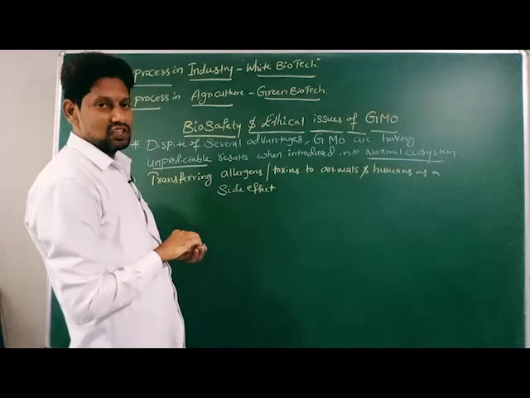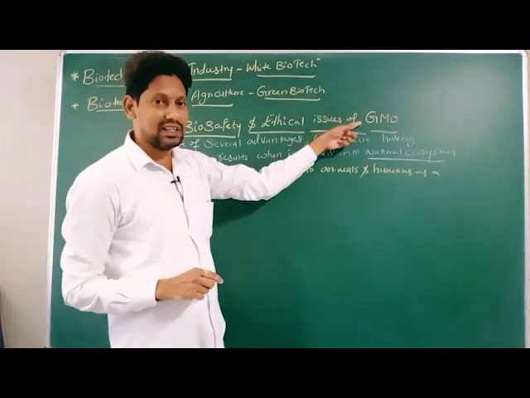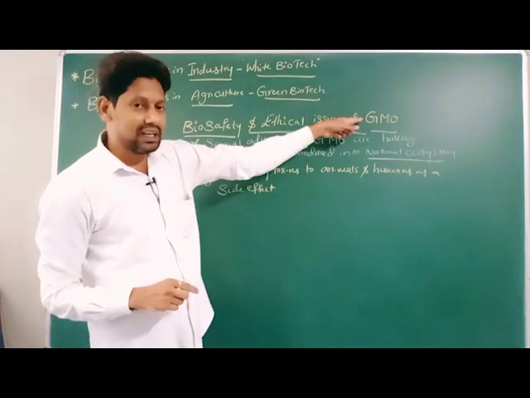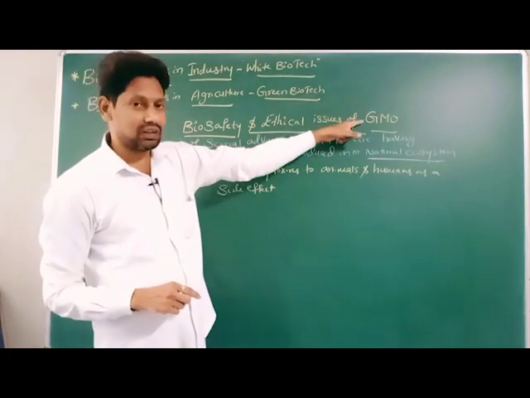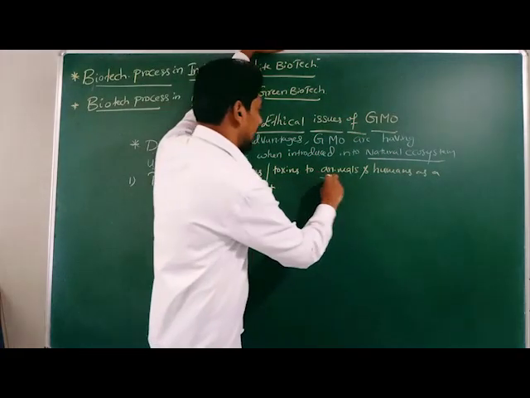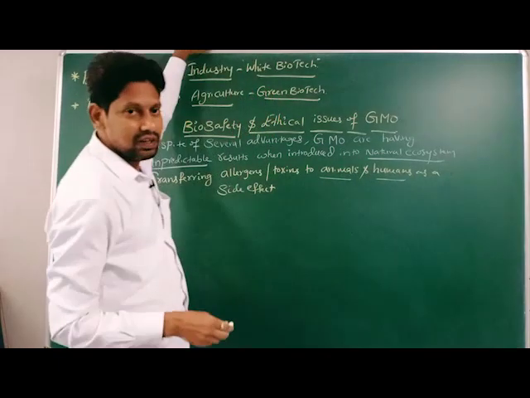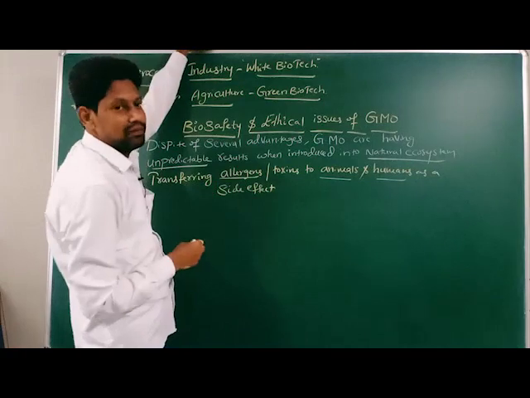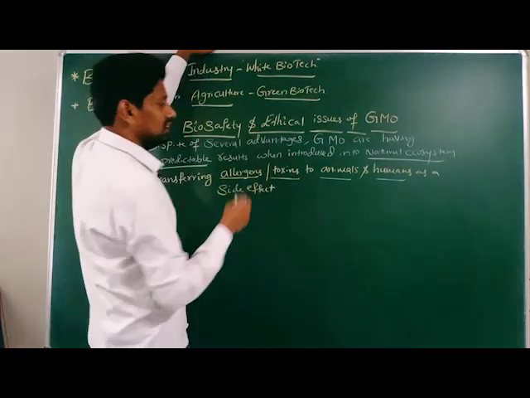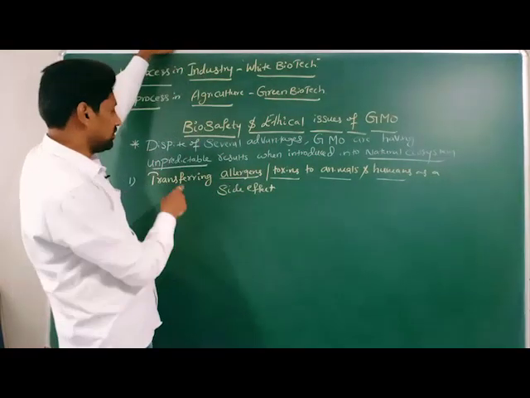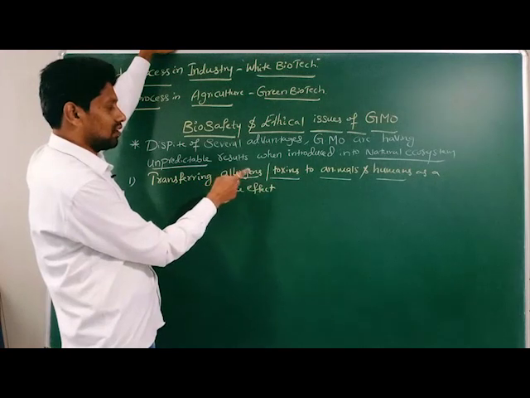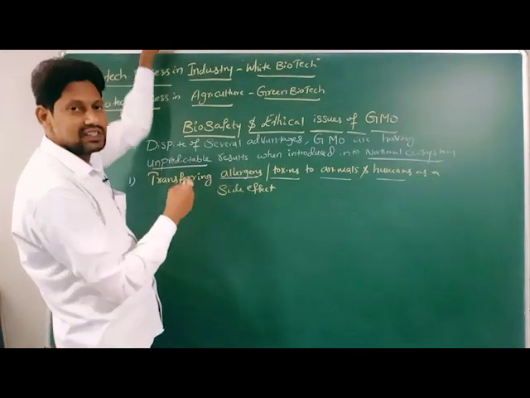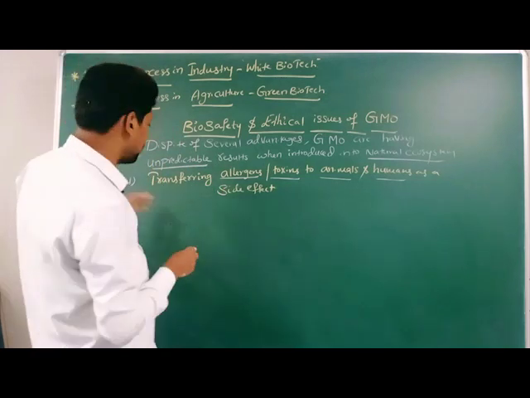When these genetically modified organisms are taken as food by animals and human beings, they cause allergy and become toxic. Is it okay? Right? Therefore, transferring allergens or toxins to animals and humans as a side effect. Is this statement okay? Right?